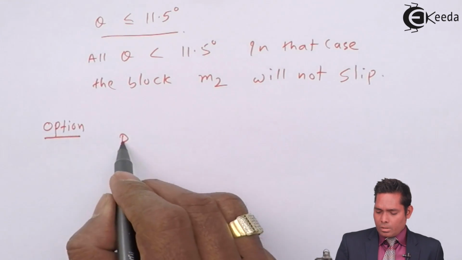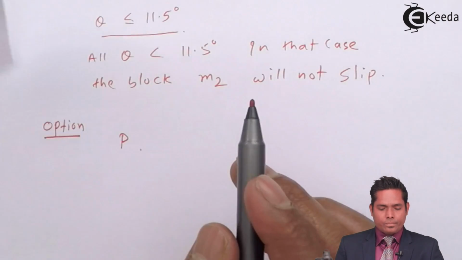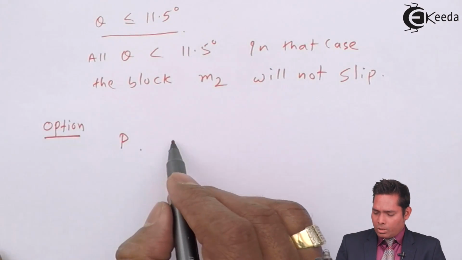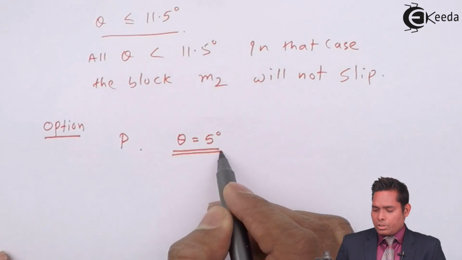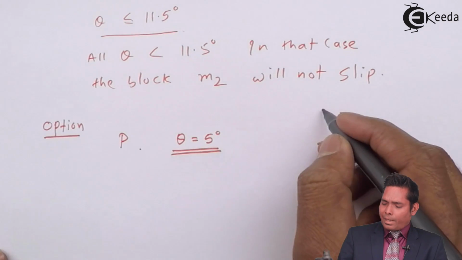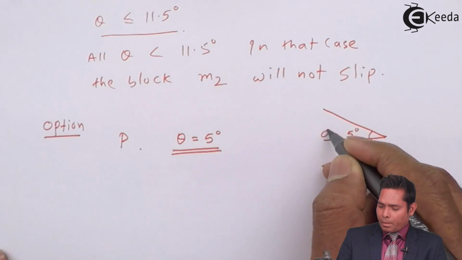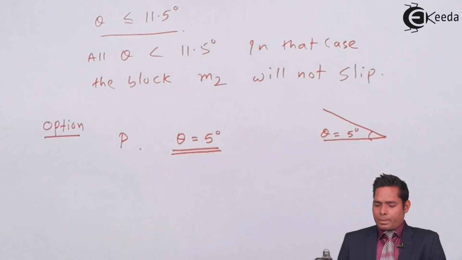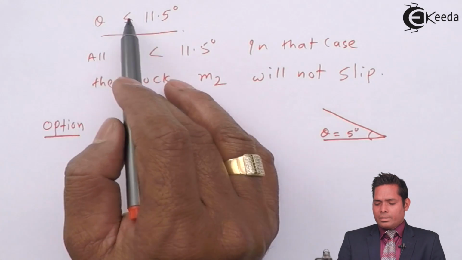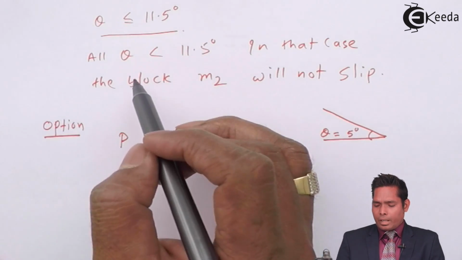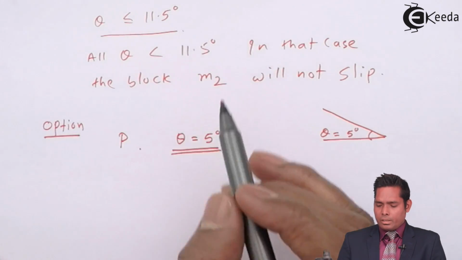First is P. The P statement says that theta is equal to 5 degree. If that inclined plane is having angle 5 degree, then what will happen? Theta is less than 11.5 degree, so there is no slipping, and this theta is 5 degree, which is obviously less than 11.5 degree.